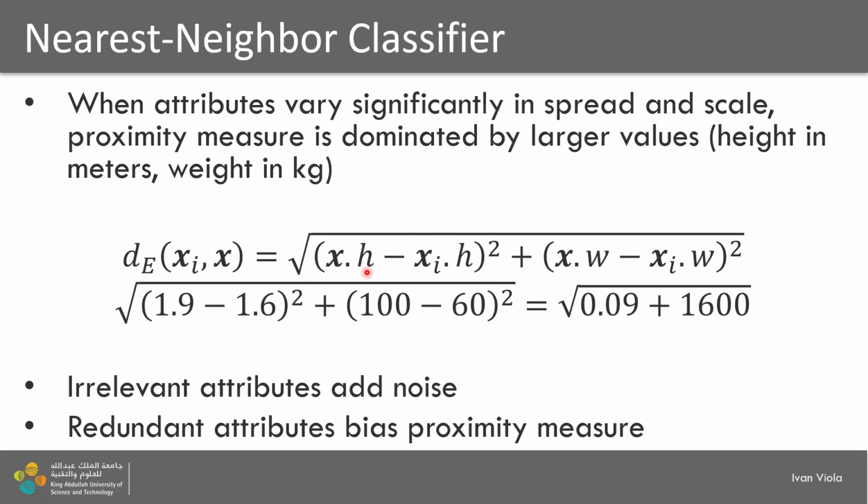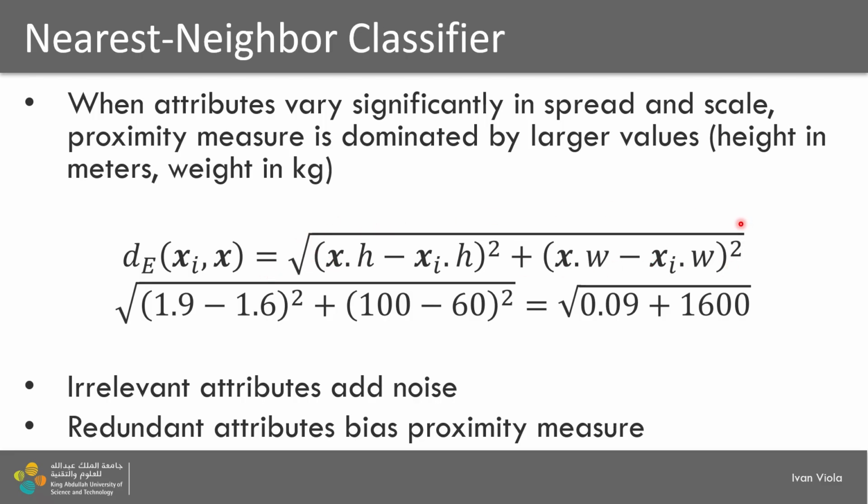So this will be two different, maybe this is the unknown record, and this is one of the training entries. And we will have a given height for each of these records, and we will be squaring the difference in order to calculate our Euclidean distance. And then we have here the other attribute. So we have two attributes, and this is the weight attribute for the unknown record and for one of the entries from the training set. And it is squared, and square root is calculated out of this.